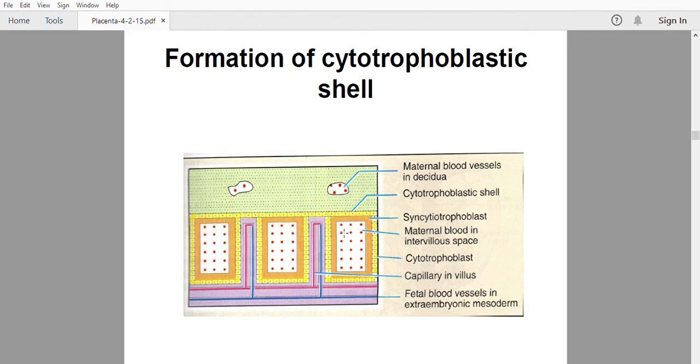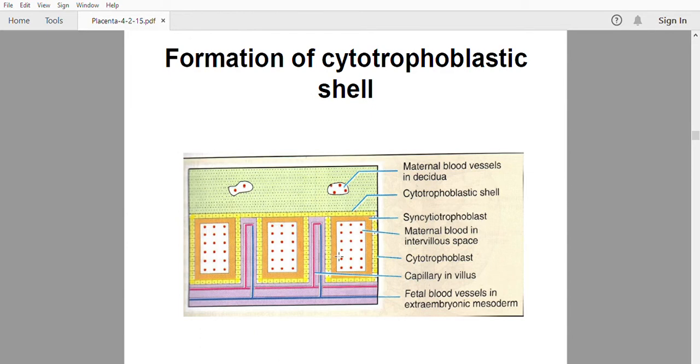Then the syncytiotrophoblast. These are the different layers forming the walls of the villi, and these walls are the barriers separating the maternal blood and the fetal blood. Understood? Yes, ma'am. Okay, so these structures together are named the placental membrane or placental barrier.